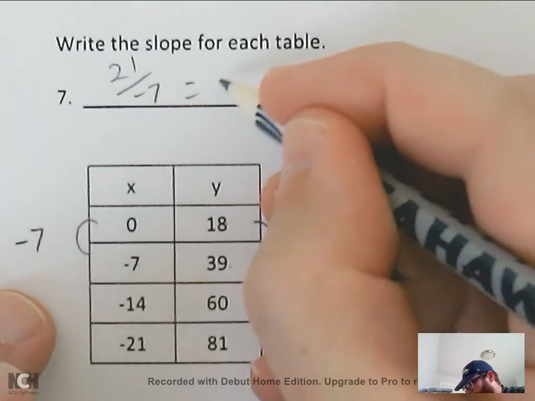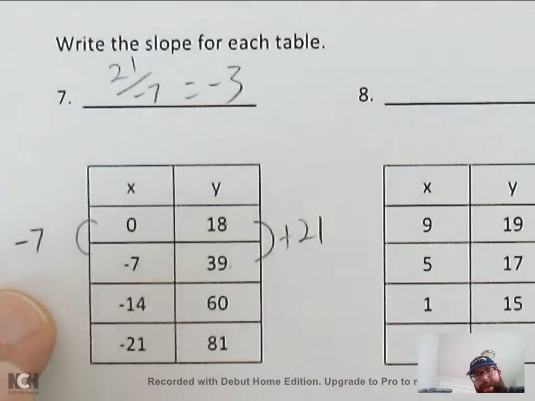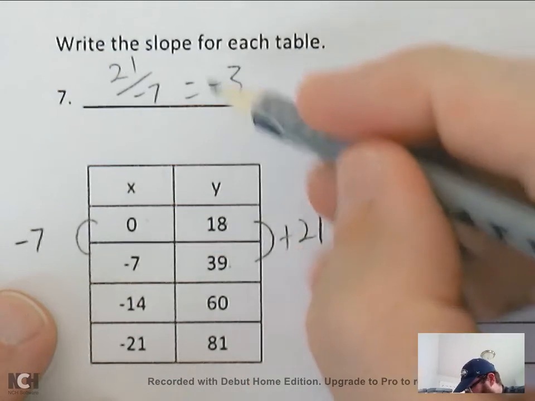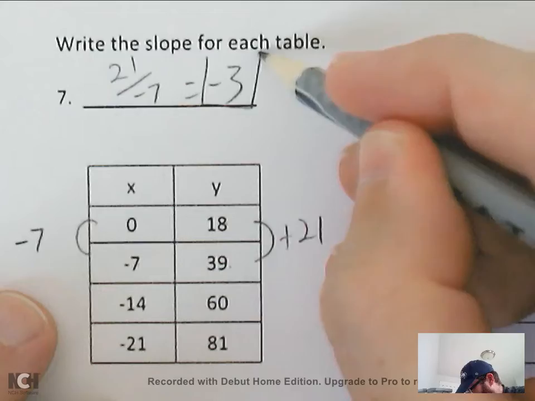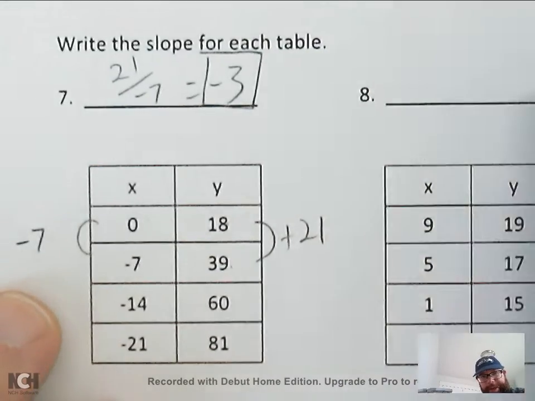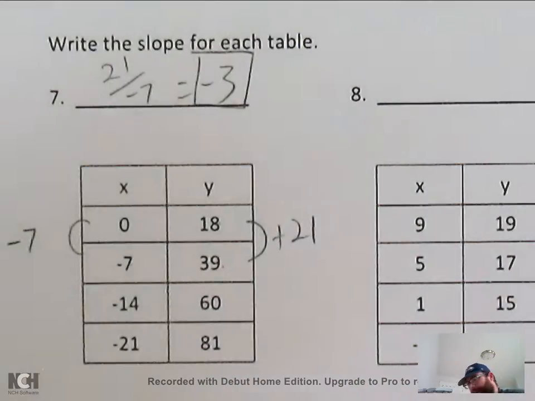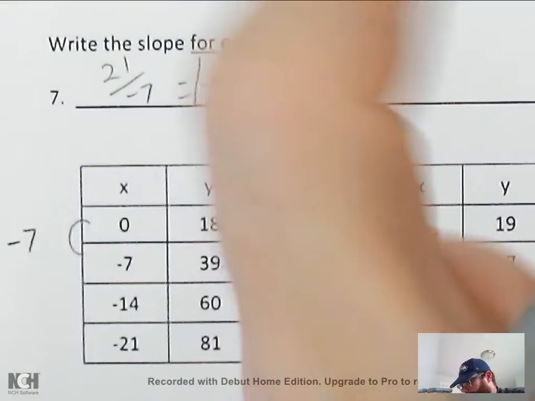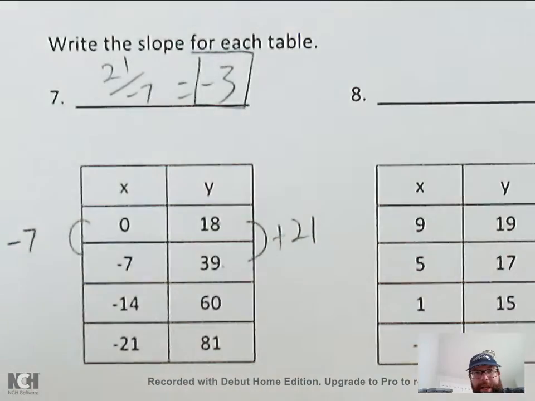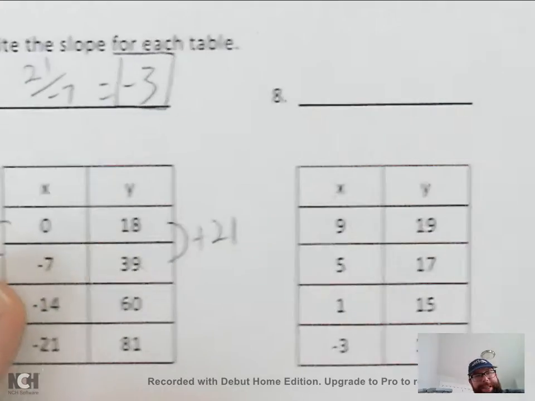You could write that as negative 3 over 1, or you could just write negative 3. But that is the answer you want. You want to simplify. And you might see that on the graphs where you have to simplify, but most likely, since the graphs are kind of small, you're going to see it on your tables and from 2 points, which we'll get to in a second.